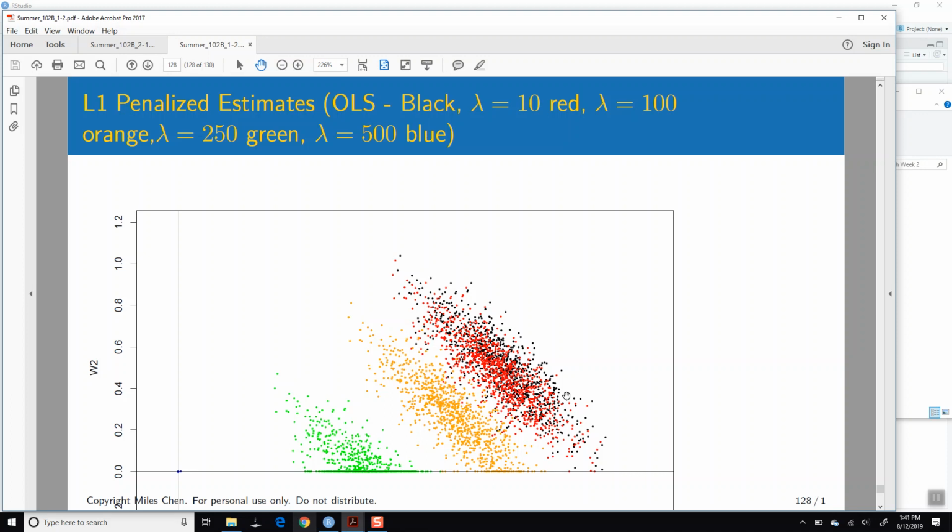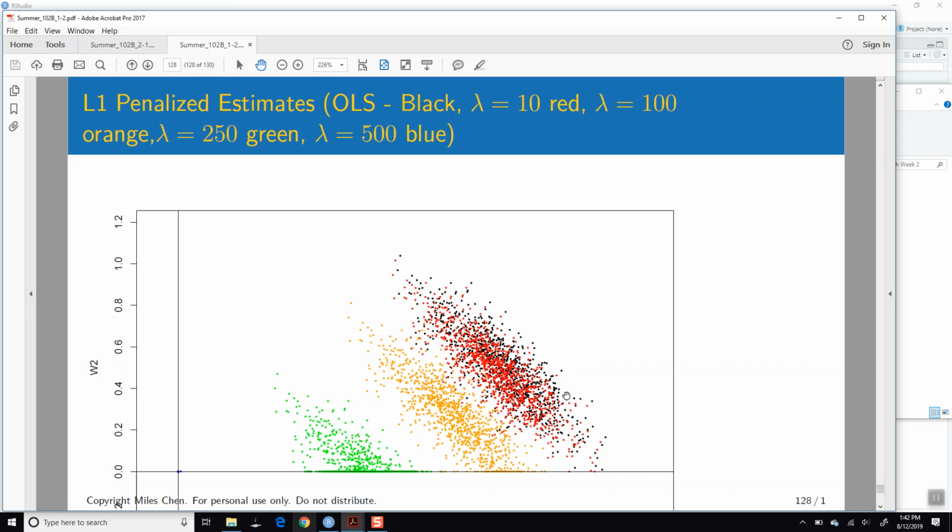But more powerfully, as far as lasso goes, lasso can be used to perform variable selection. By pushing some of our coefficient estimates down to 0, we can say, well, let's just throw away W2. Let's throw away the x2 variable. It can push some of the coefficient estimates down to 0.